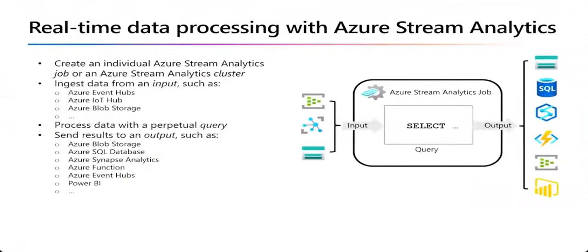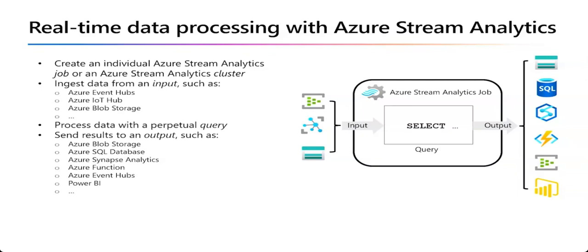Now let's look at a service which will tell us about real-time analysis. Microsoft Azure supports multiple technologies that you can use to implement real-time analysis of streaming data, including Azure Stream Analytics.